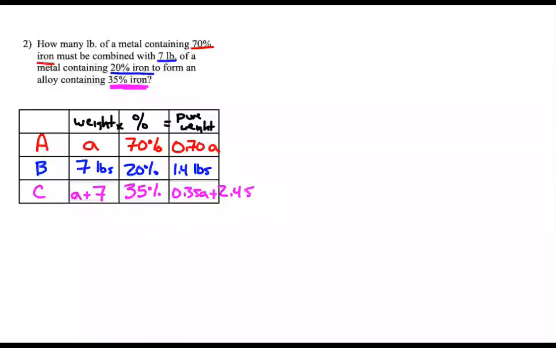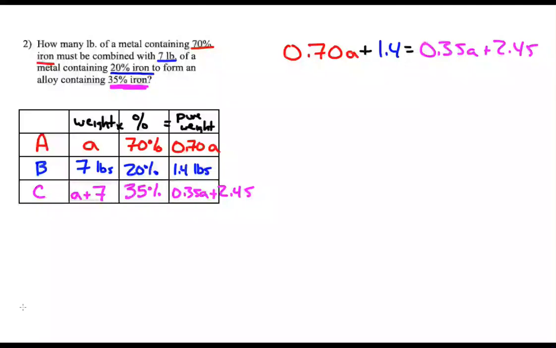Now, what we know is that if we add how much pure iron we have from A, which is 0.70A, to how much pure iron we have from B, which is 1.4 pounds, we're going to get how much we have in C, which in this case is 0.35A plus 2.45.